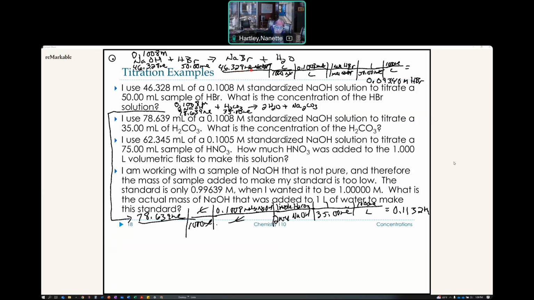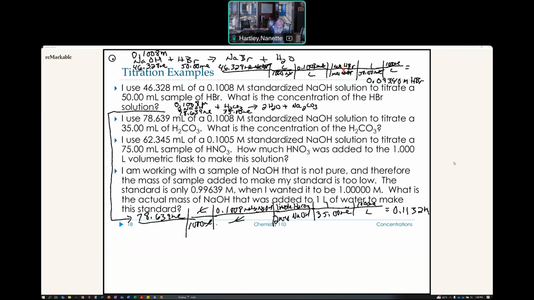So I take my 46.328 milliliters of NaOH, I convert that to liters by dividing by 1,000 milliliters. I multiply by the molarity, the 0.1008 moles per liter, and that gives me an answer in moles of NaOH. I divide by the 1 mole of NaOH from the balanced equation, and multiply by 1 mole of HBr from the balanced equation.